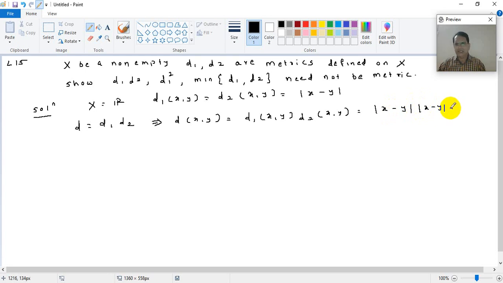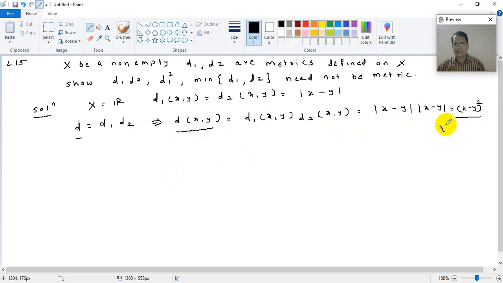It means it is (x minus y) squared. Do you agree? Okay. So we will prove that this is not a metric. This definition, d(x, y) is (x minus y) squared for all x and y belonging to R.